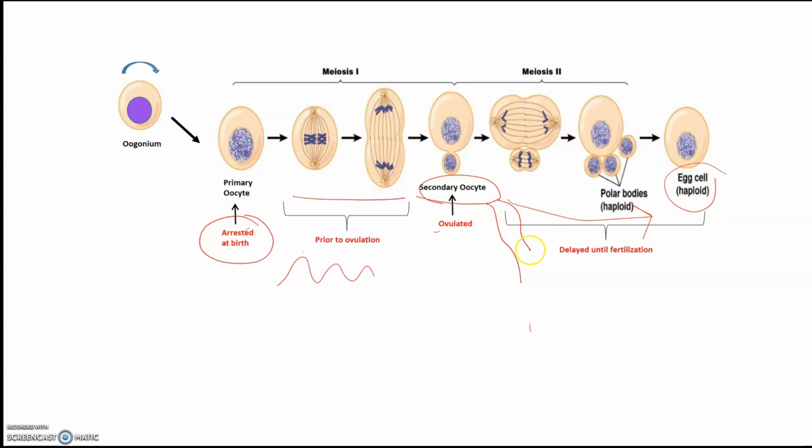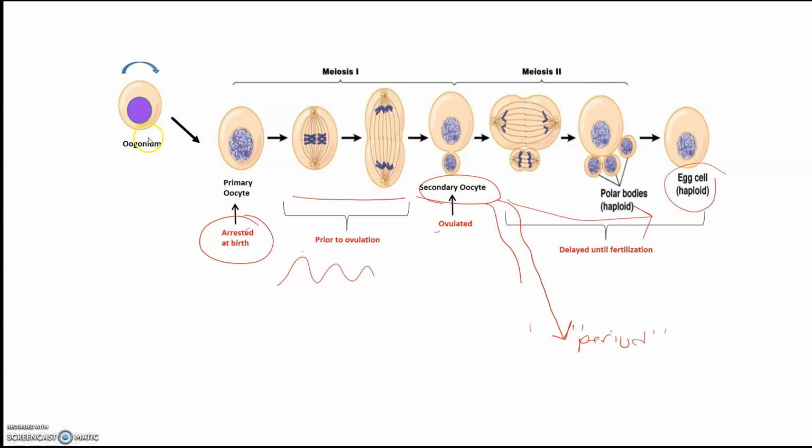If it's not fertilized, this process never continues, and you get what we call a period collectively, and that's after this has left the body, and the body no longer needs to be prepared for fertilization because it's not going to happen. So this process is discontinuous. So during embryonic development, the woman has her oogoniums.